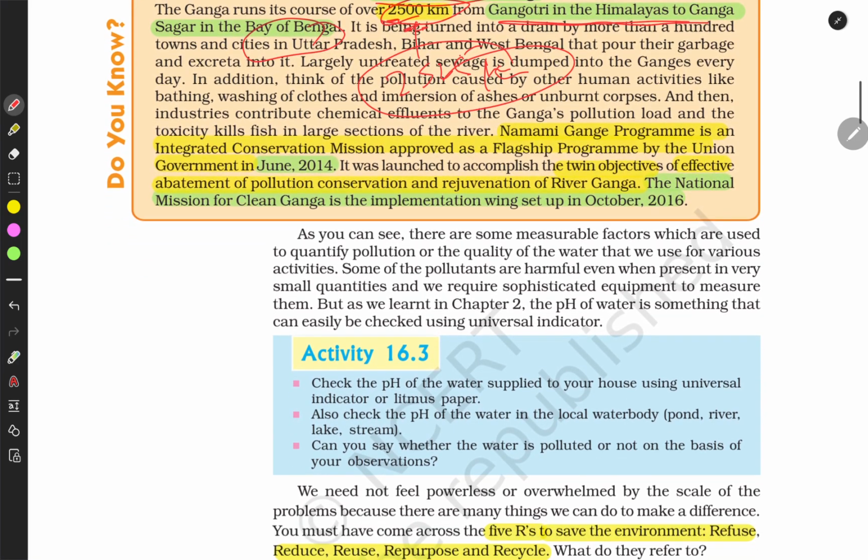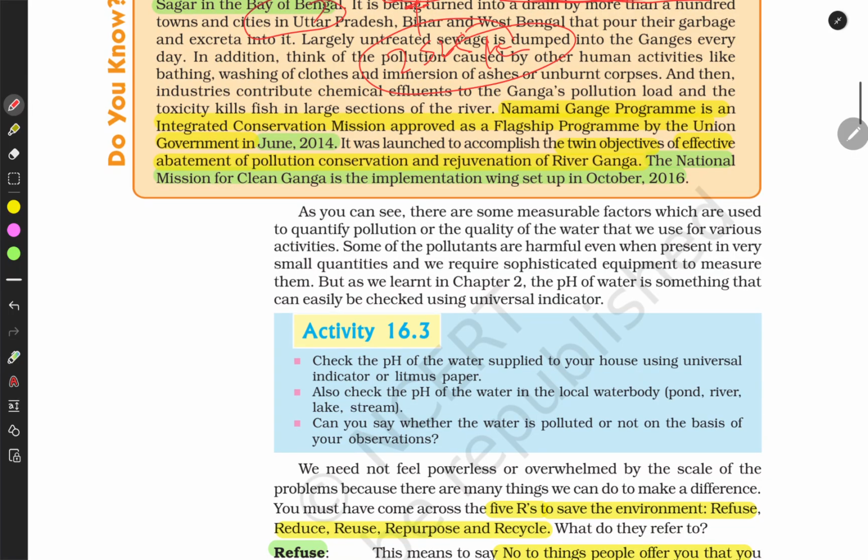To protect the Ganga, we also initiated the Namami Gange program. Namami Gange is an integrated conservation mission approved as a flagship program by the Union government under the Modi government in June 2014.